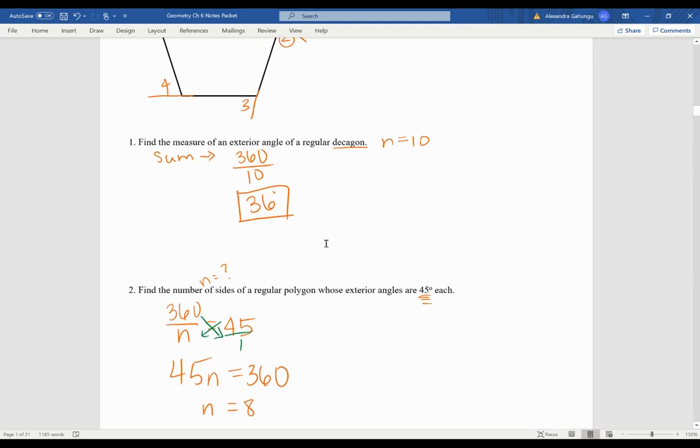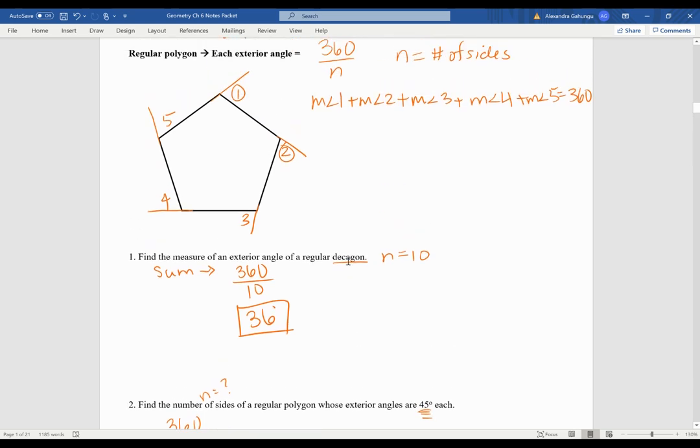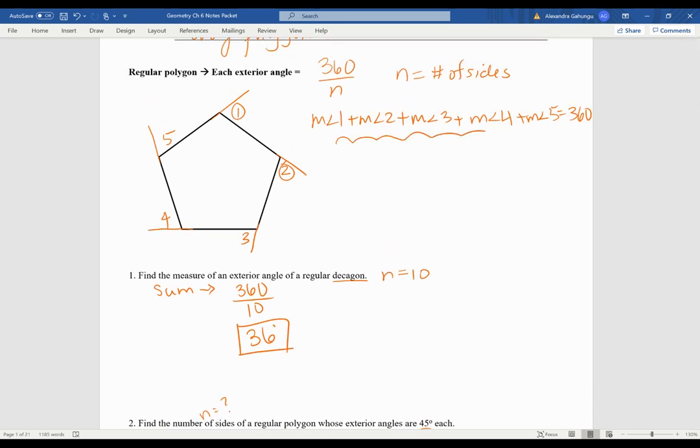Something that is also important about our exterior angles is how they relate to our interior angles. So we're going to add a little piece here. So if I have my exterior angle, angle 1, and I look at the interior angle right next to it, the measure of that angle 1 plus the interior angle that's right next to it, they're a linear pair, so they add up to 180.